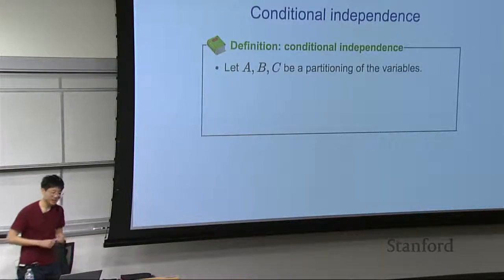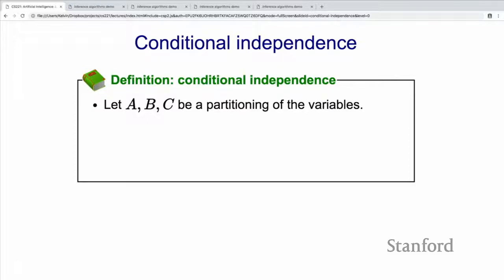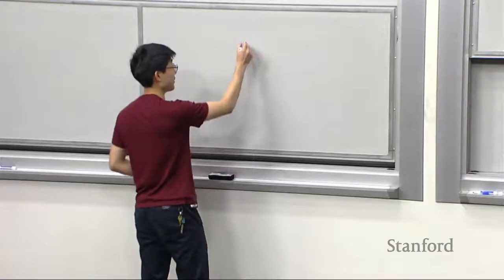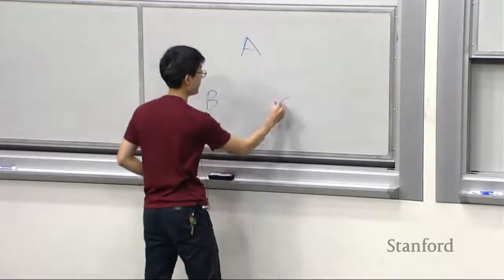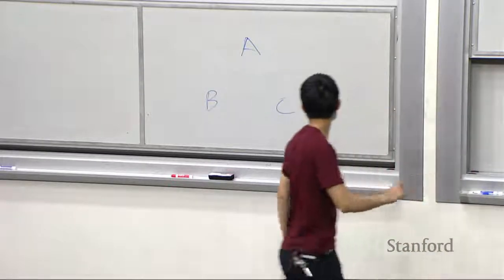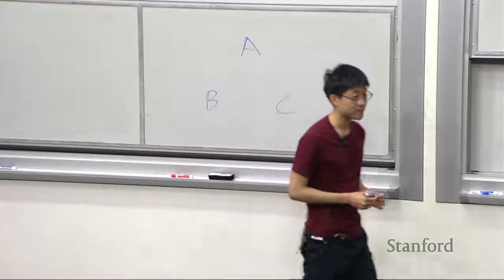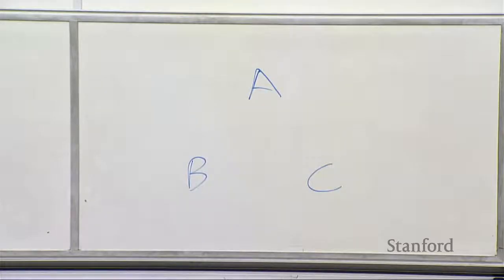So now we can talk about this notion of conditional independence. Suppose you have a set of variables A, B, and C, which I'll put up here. So maybe you've got something like A, B, and C. And we say that A and B are conditionally independent given C if conditioning on C produces a graph in which A and B are independent.